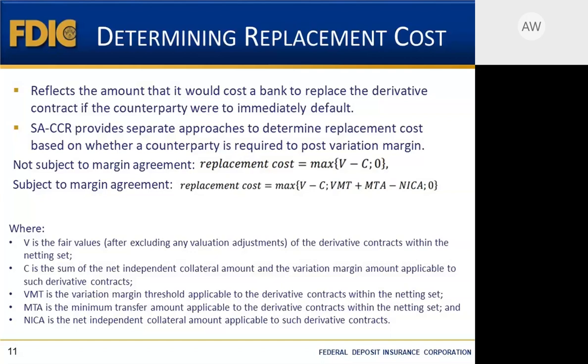Overall, replacement cost is the easiest part of the SA-CCR formula. And as we go further in the deck, you will see that things become a bit more complicated quite fast.